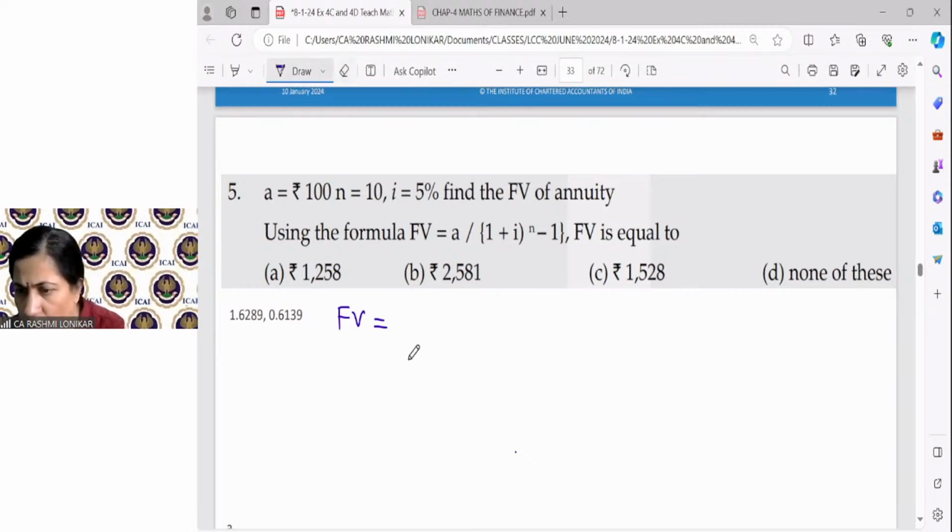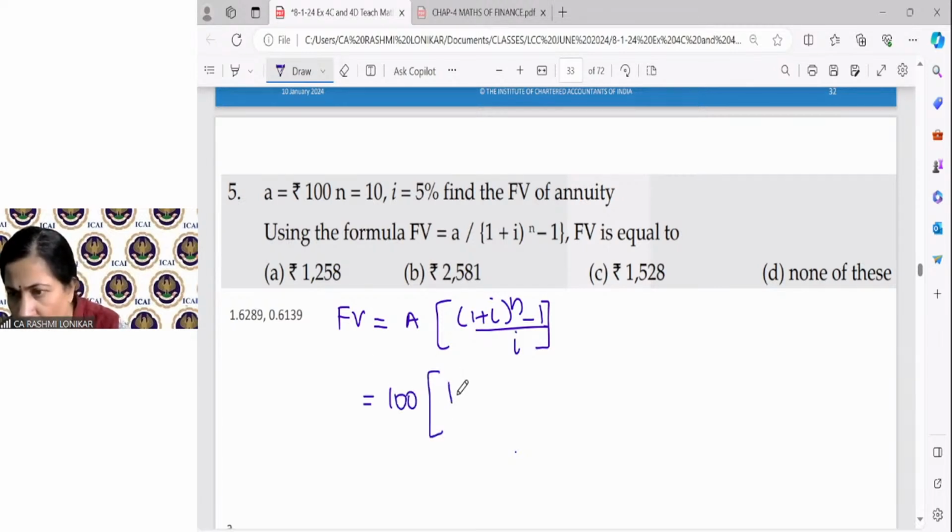Okay. We know what the formula of future value is. A into bracket 1 plus I raised to N minus 1 upon I. Okay. So what is this? This is 100. What is 1 plus I? 1.05. Because I is 5%, N is 10.